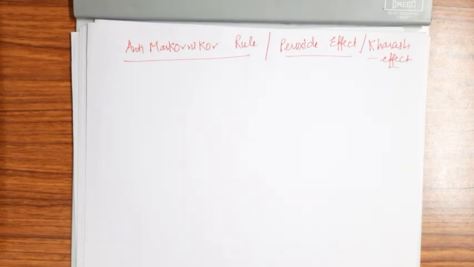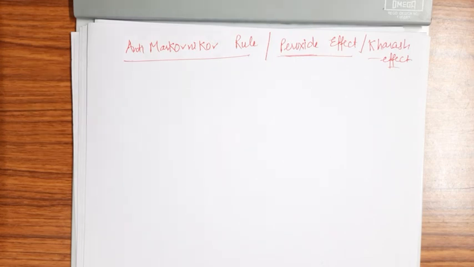The Markovnikov rule states that the negative part of the addendum goes to the carbon atom having lesser number of hydrogen atoms, and this rule states that when we do the addition reaction of alkene with HBr only, in presence of peroxide, that's why it is known as the peroxide effect, then it follows the anti-Markovnikov rule.